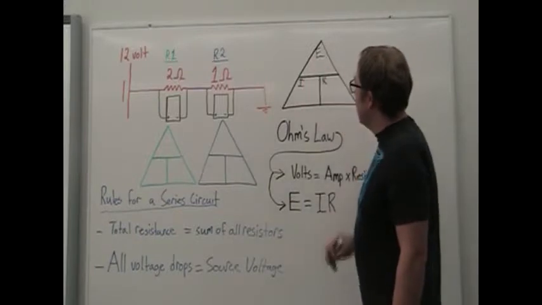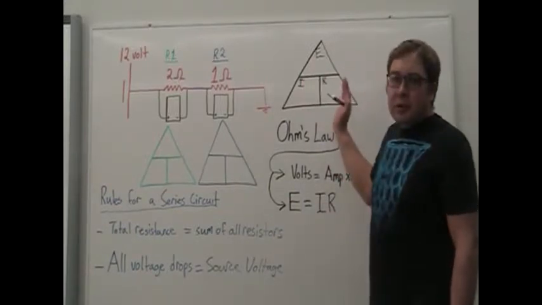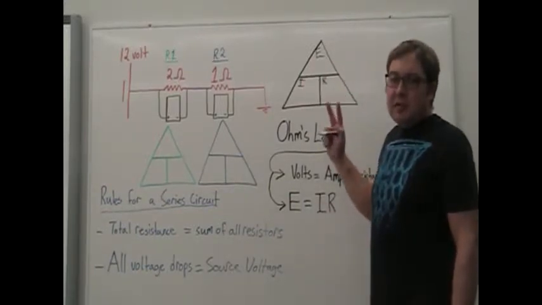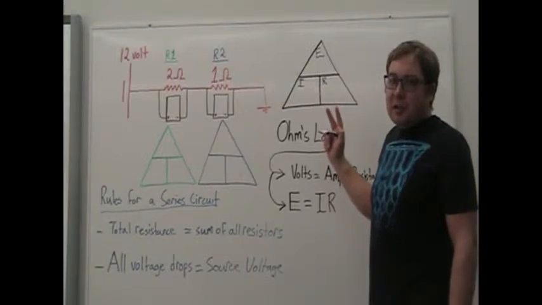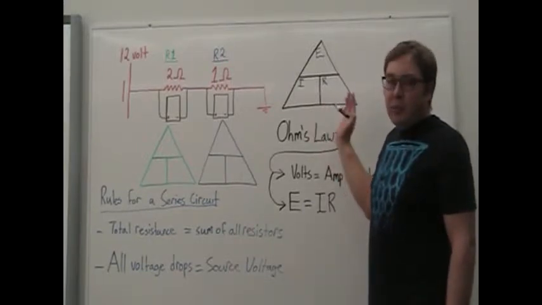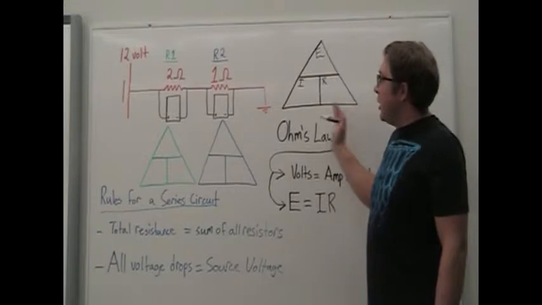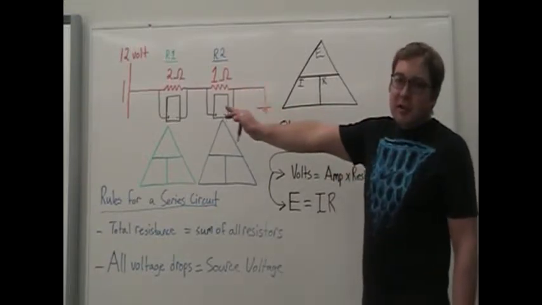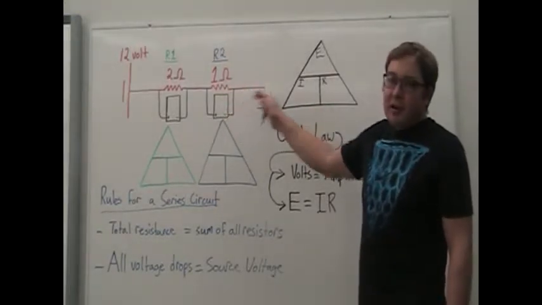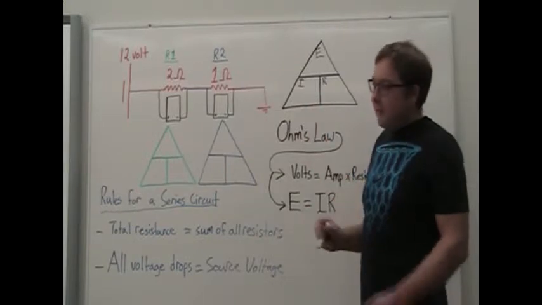Okay. So to complete a triangle, we need at least two pieces of information in our triangle, and we can now take information from our circuit that I've drawn over here on the board and put it into our triangle.